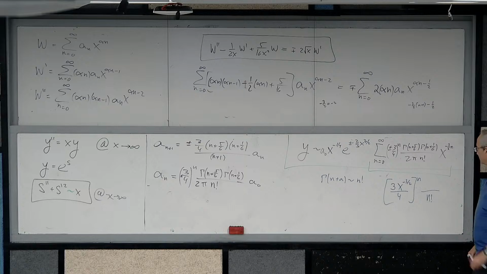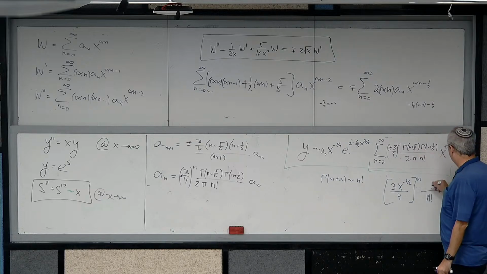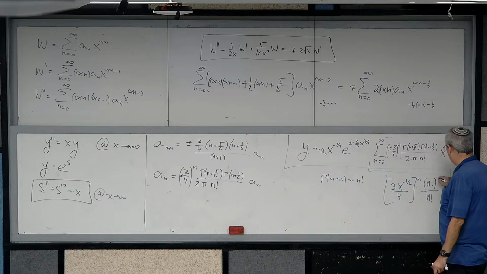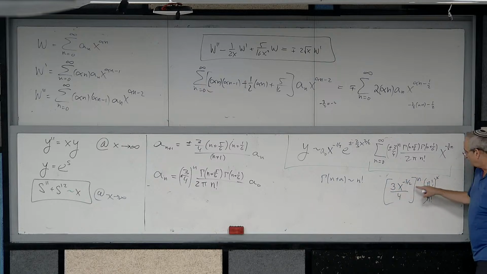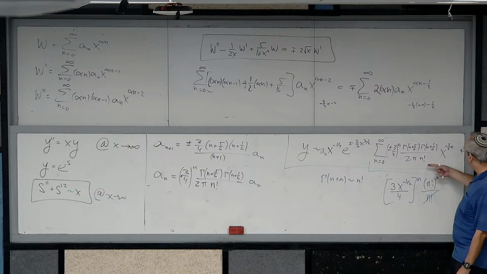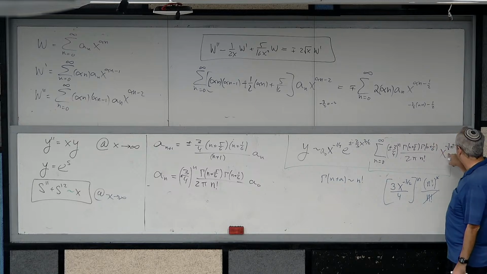Factorial. However, here I have n factorial squared as n goes to infinity, so one n factorial goes away. So I have a competition between the exponential decay and the factorial. Who is going to win? The factorial. So the terms are going to grow for every fixed x.